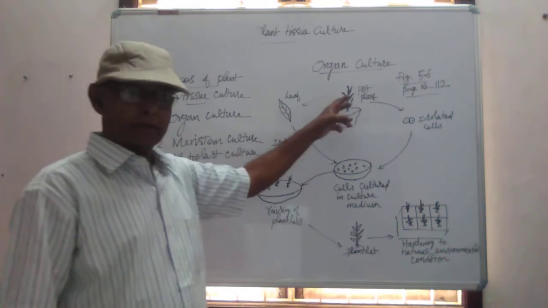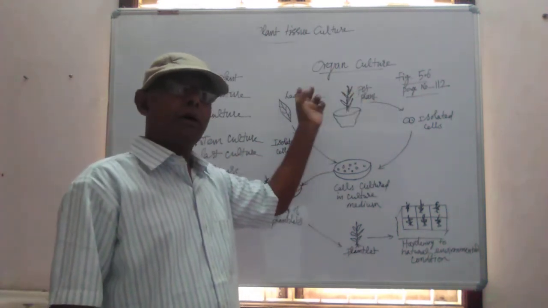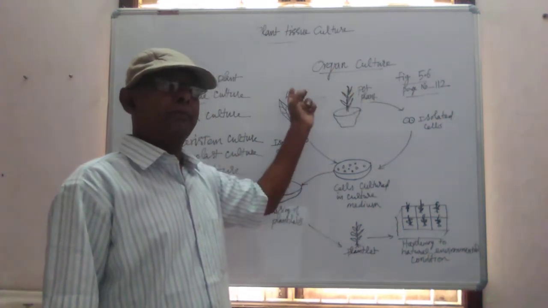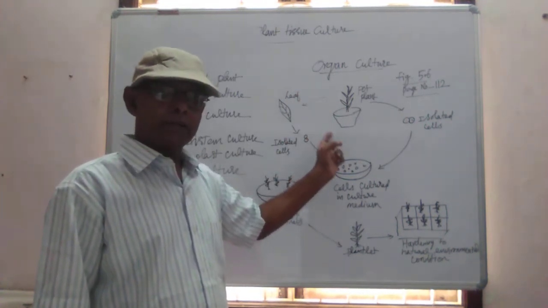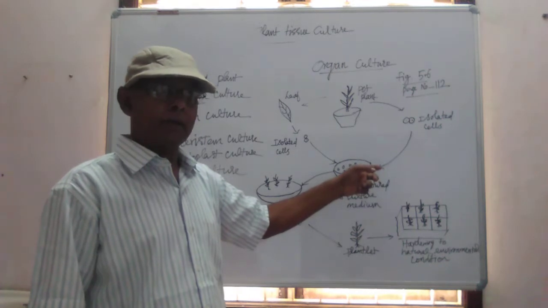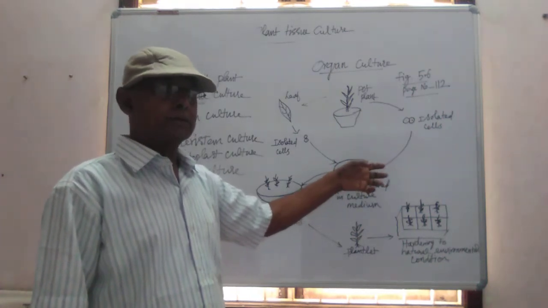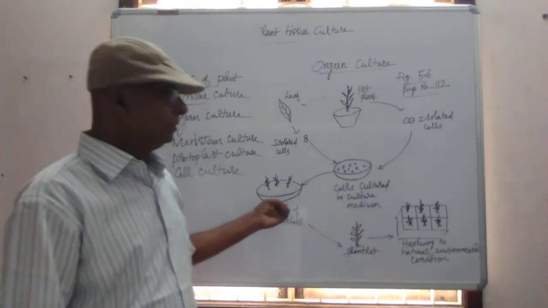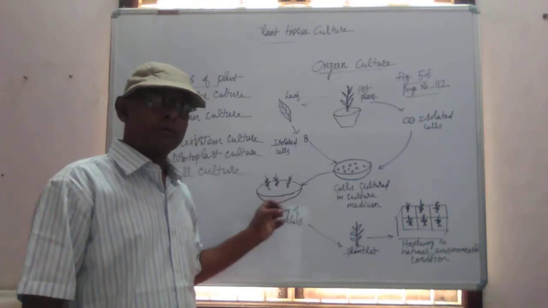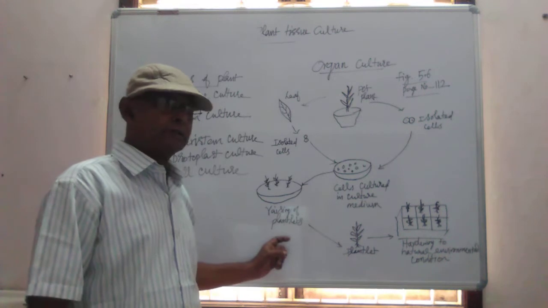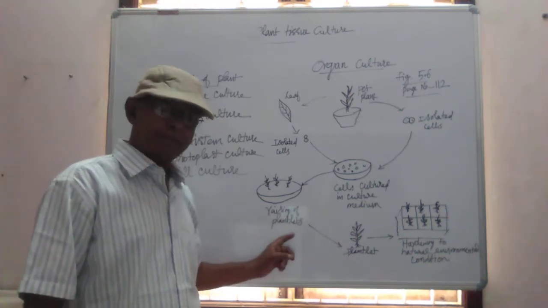In the organ culture, from a plant, an organ is selected. From the organ, cells are isolated. The cells are grown in the culture medium to raise the callus. From the callus, new, very small plants are produced. Those plants are called plantlets. That is the raising of plantlets.